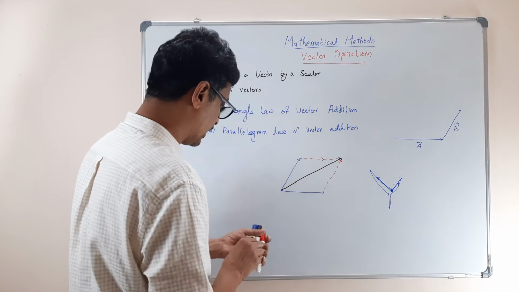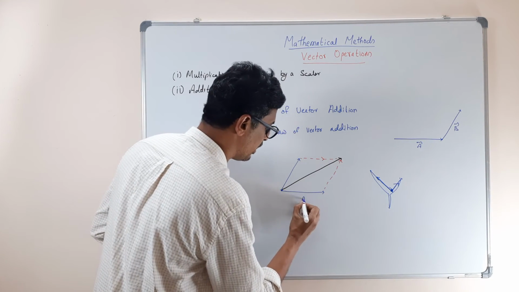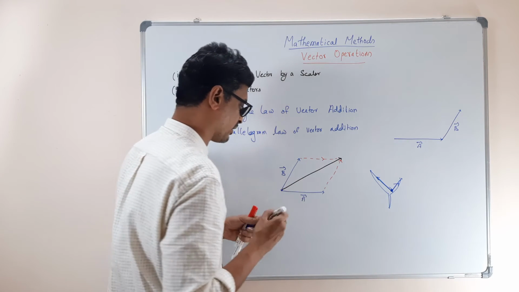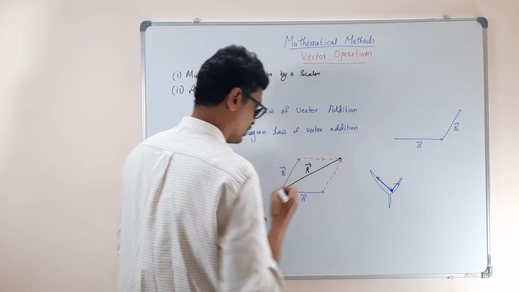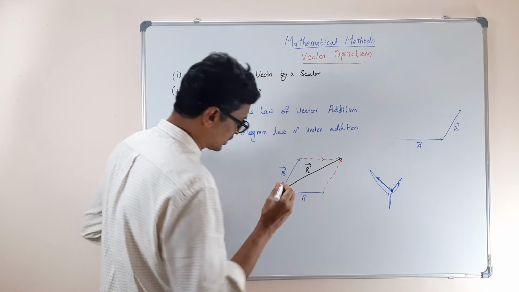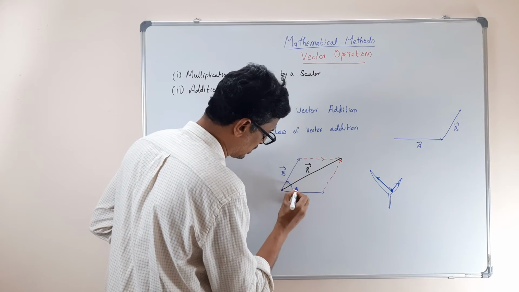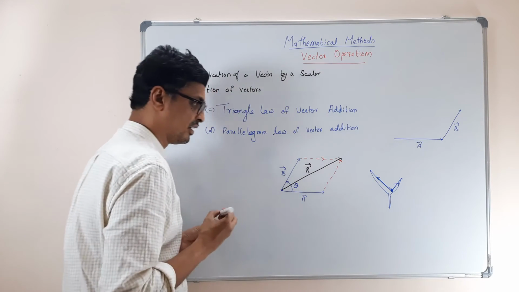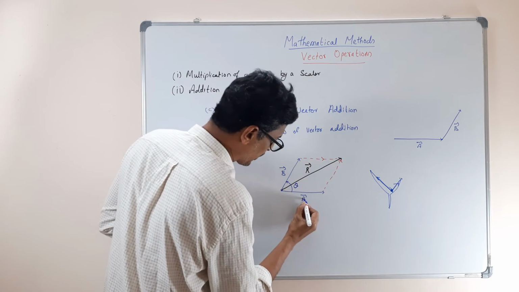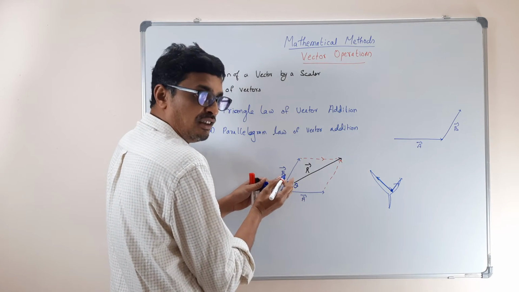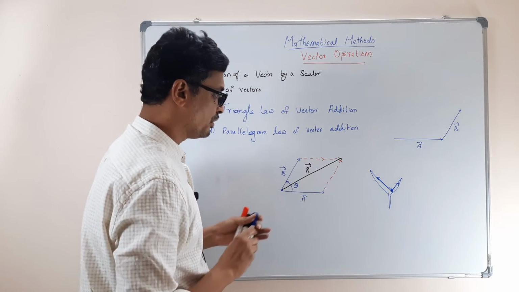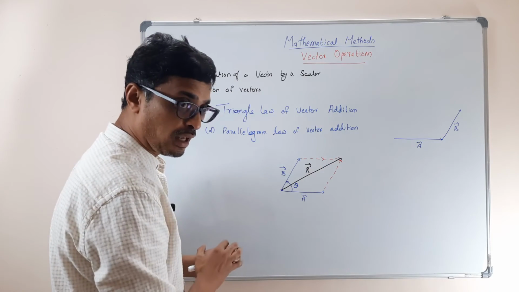Let us call this vector A, this is B, and let me call this one R. If you give me the angle between these two vectors, let us call it theta, then from the magnitudes of A, B and the angle, you can find out the magnitude of R. How do we find the magnitude of this vector R?